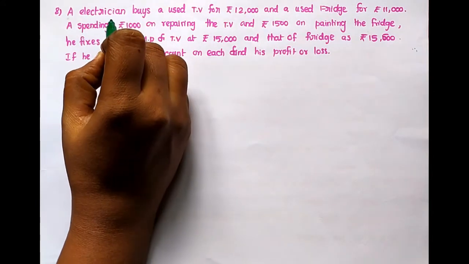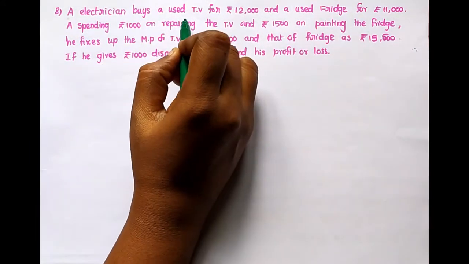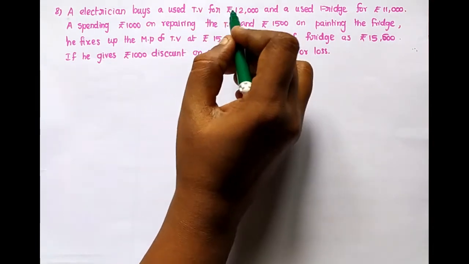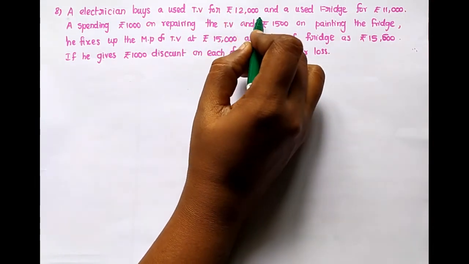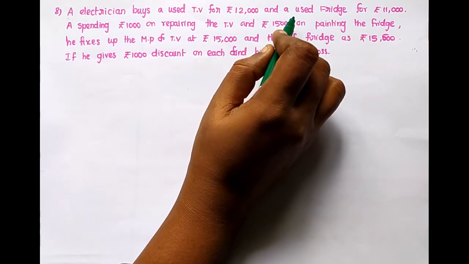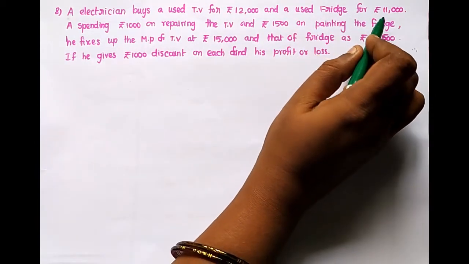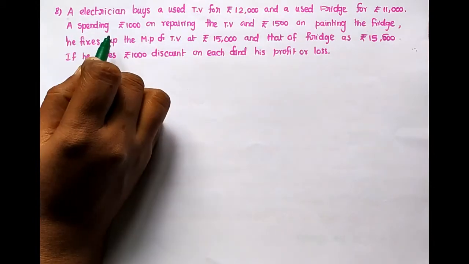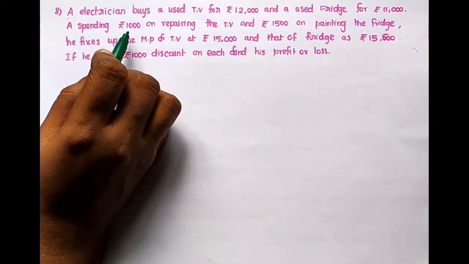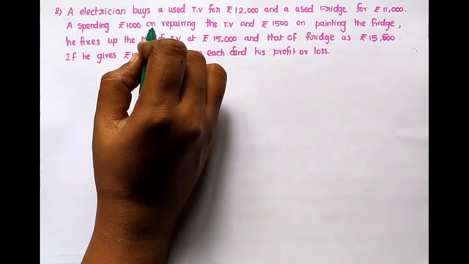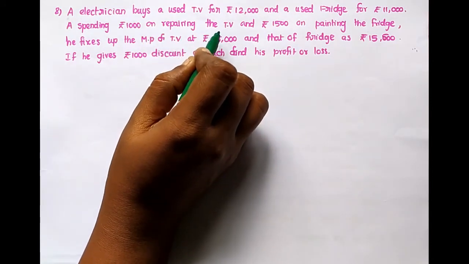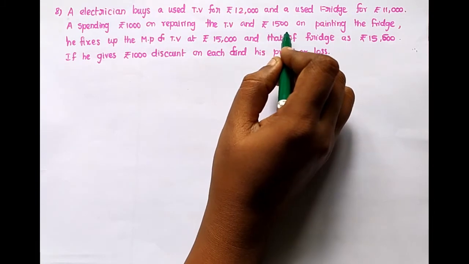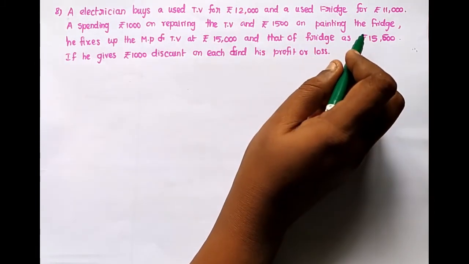An electrician buys a used TV. Used TV means second hand, for rupees 12,000 and a used fridge for rupees 11,000. Spending rupees 1,000 on repairing the TV and rupees 1,500 on painting the fridge.